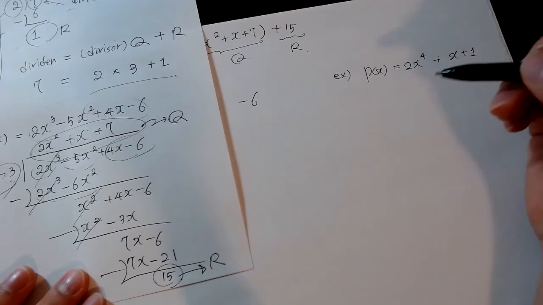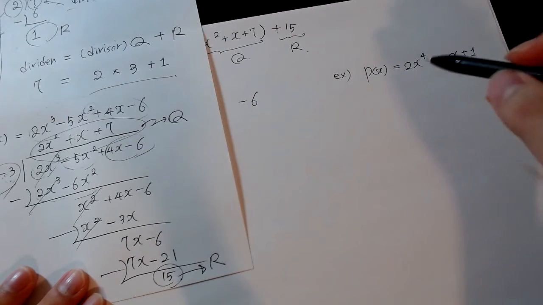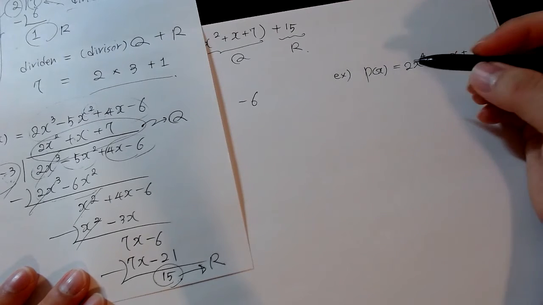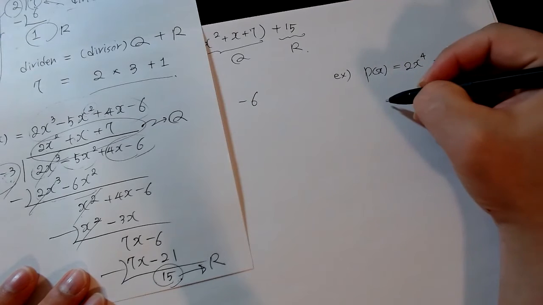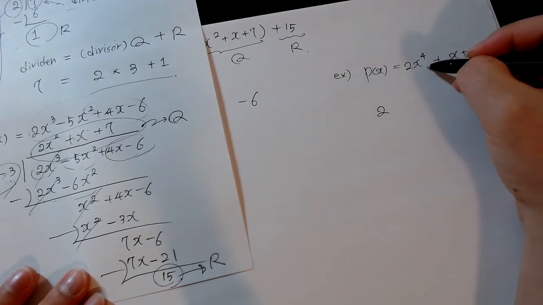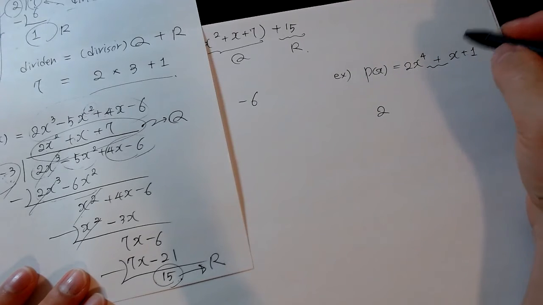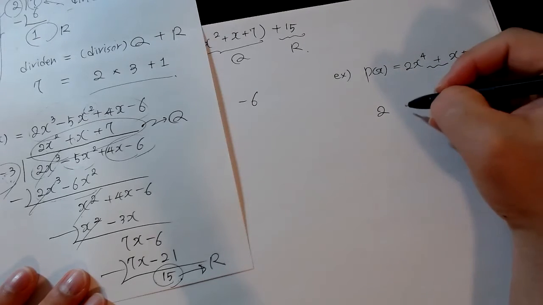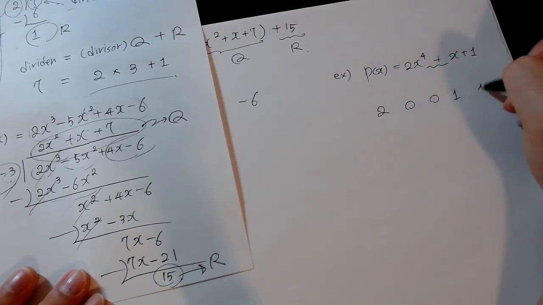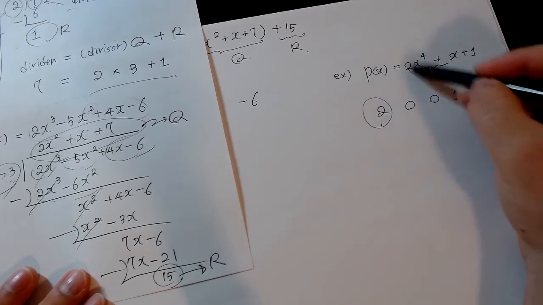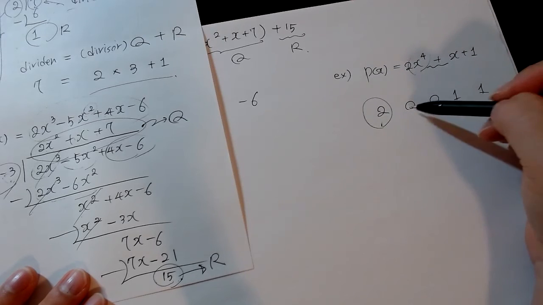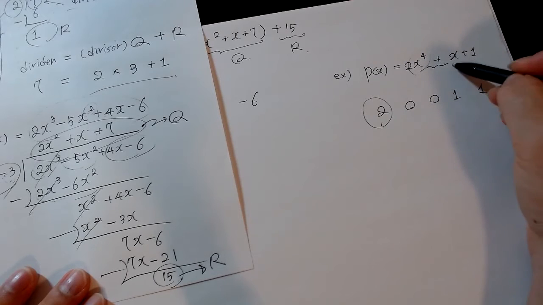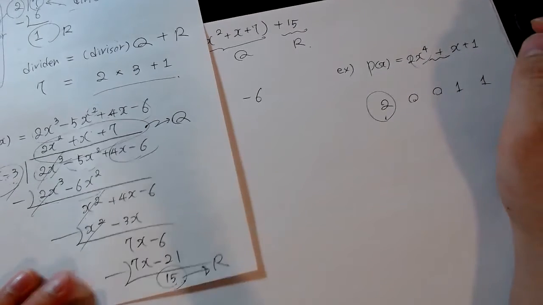When you want to divide p of x by, for example, x minus 3 using synthetic division, you have to write down all the coefficients. Even though the x cubed and x squared terms are missing, you have to write 0 for them: 2, 0, 0, 1, 1. So 2 is the coefficient of x to the fourth, 0 and 0 are the coefficients of the x cubed and x squared terms, and 1 is the coefficient of x. Keep this in mind.